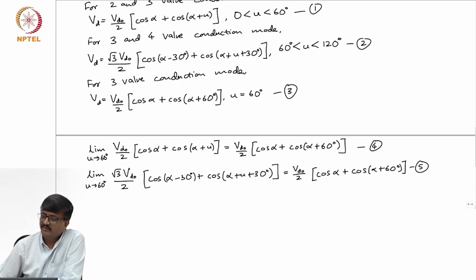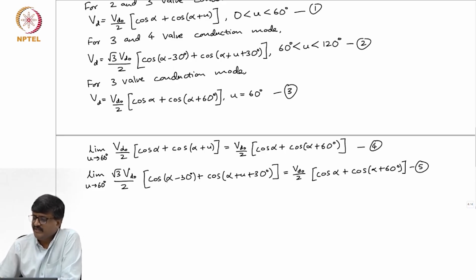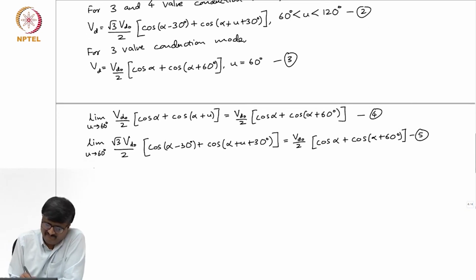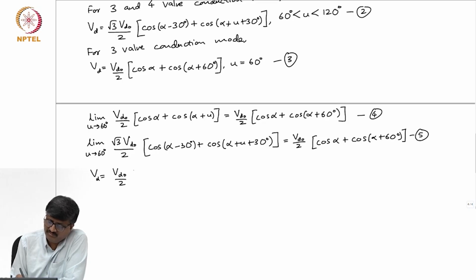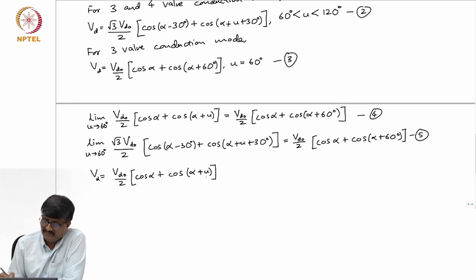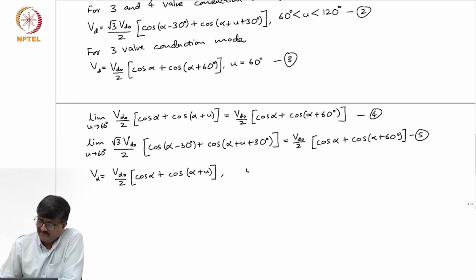So what one can do is instead of using equations 1, 2, 3, I can just use 2 equations. So I can say that Vd is equal to Vdo by 2 cos alpha plus cos alpha plus u. So instead of saying that this is valid for u greater than 0 and less than 60 degrees, I will say this is also valid for u equal to 60 degrees. So let me call this equation 6.